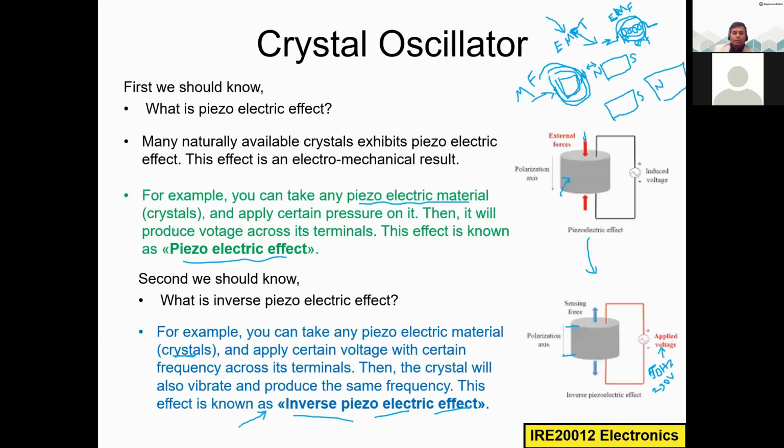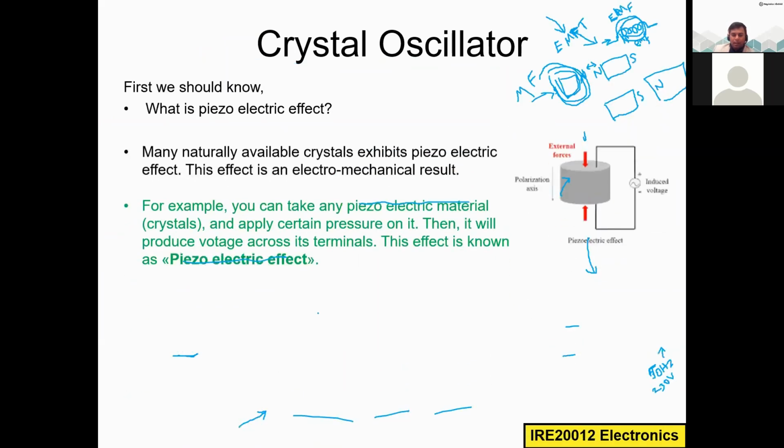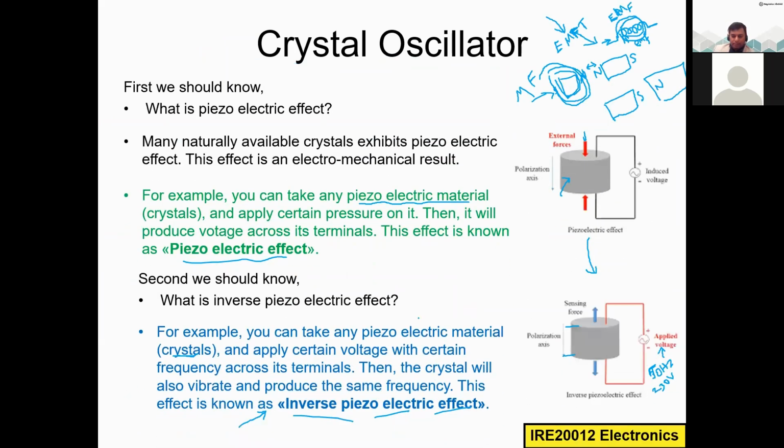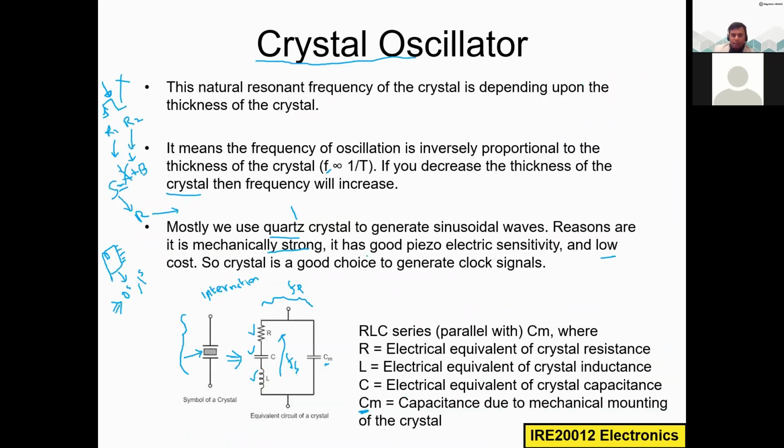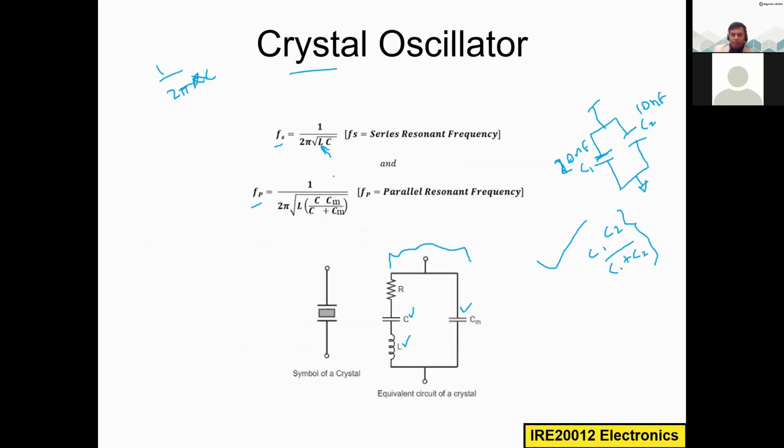So for the crystal oscillator, mainly I want you to remember the piezoelectric effect and inverse piezoelectric effect. After that, we use the equivalent circuit of the crystal. Based on this, you can observe two different types of frequencies possible. One is the series resonance frequency, another one is the parallel resonance frequency.